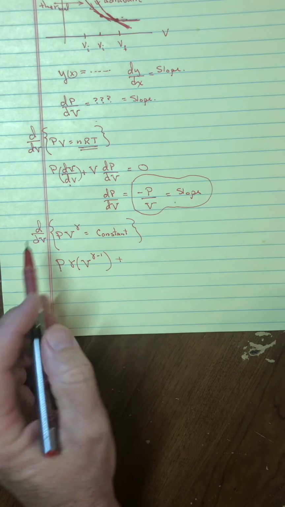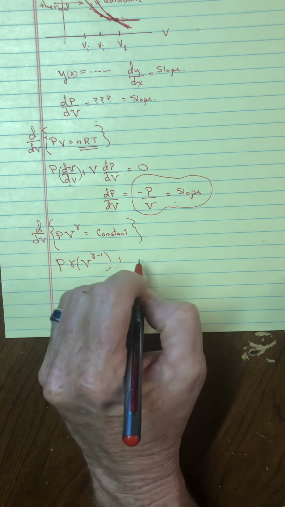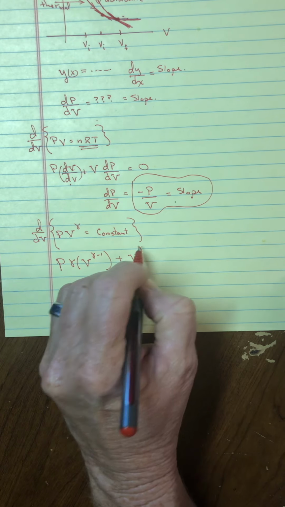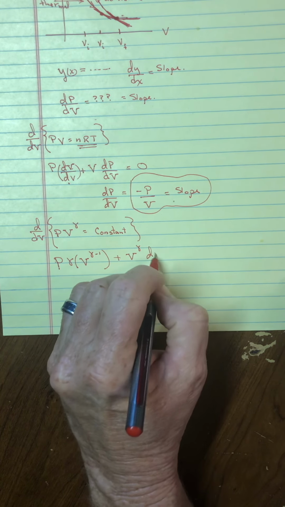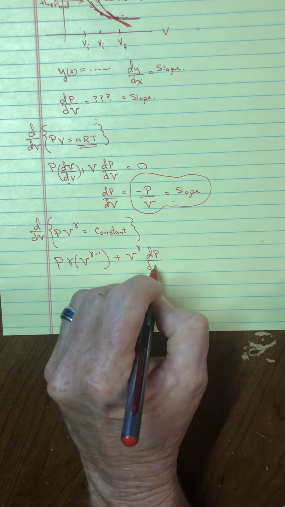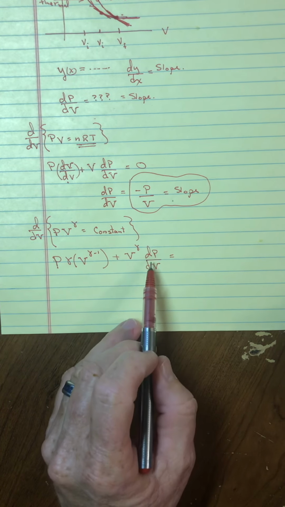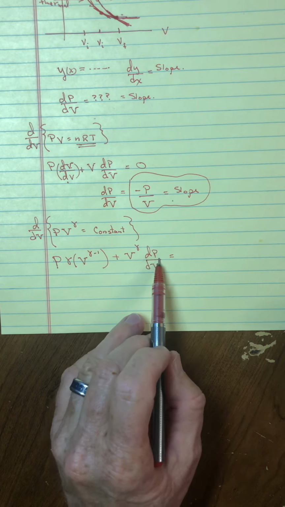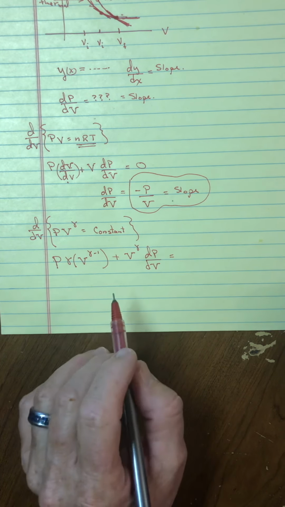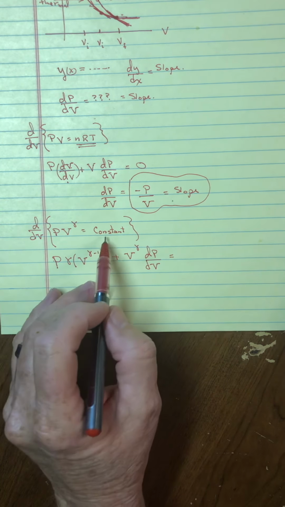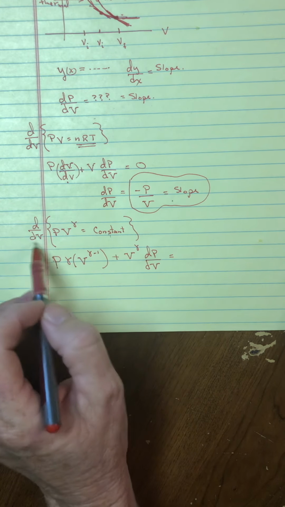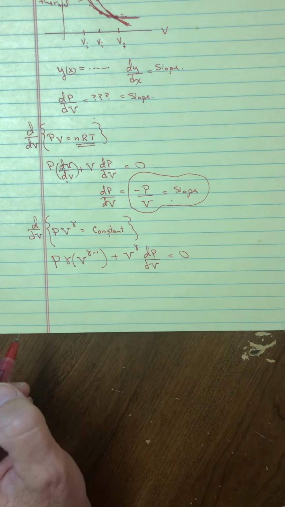Okay, so there's first times the derivative of the second. Then the second, so volume to a power of gamma, times the derivative of the first, dP/dV. Okay, and again, there's what we're hunting for. What is dP/dV? That is the slope. And then again, the right-hand side's pretty easy because it's a constant. So the derivative of a constant is just 0.